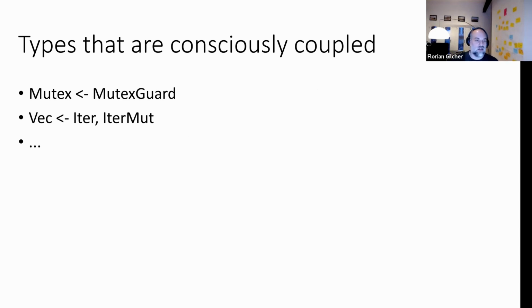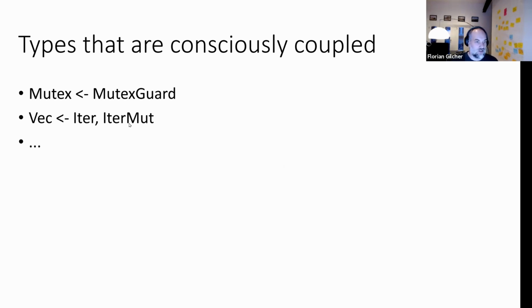And the MutexGuard is consciously coupled with the Mutex and cannot get out of range of it, so to say. So you cannot stop referencing the Mutex but still keep the MutexGuard around.